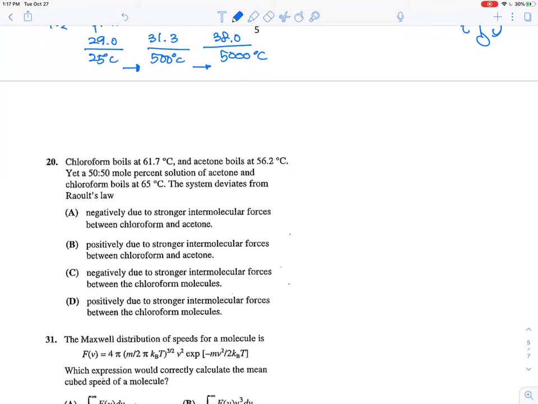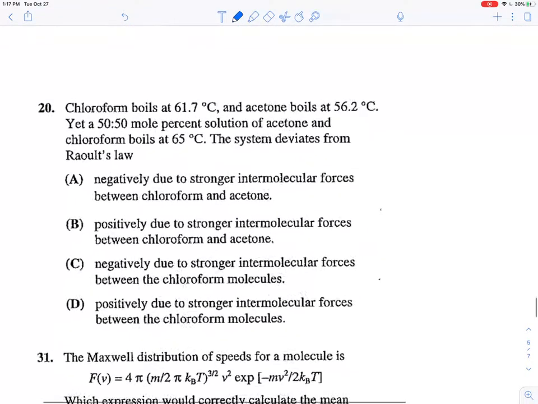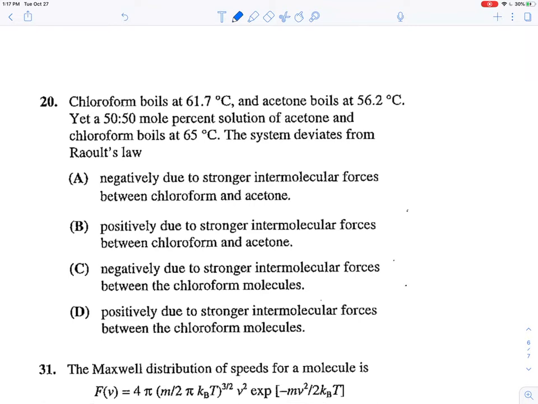Okay, so we are getting close to something that we discussed before. Let's look at the problem. Chloroform boils at 62 degrees C. Acetone boils at 56 degrees C. And if you mix half and half, that boils at an even higher temperature, right?